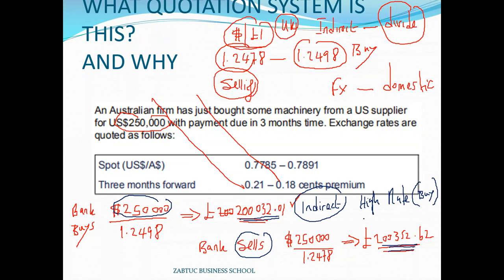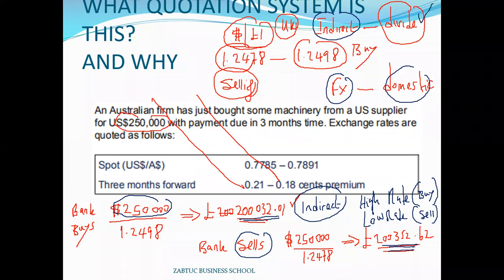And the low rate is used when the bank is doing what? Selling. And also we have seen that in the indirect quotation system, what do you do when you're moving from foreign currency to domestic? Divide.